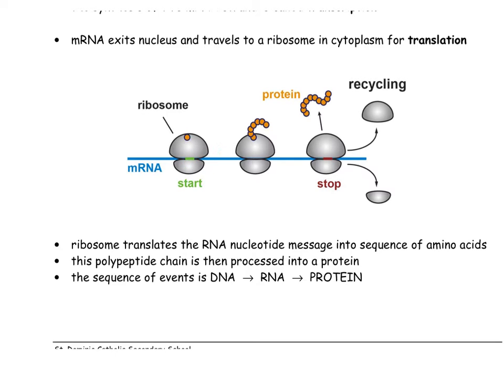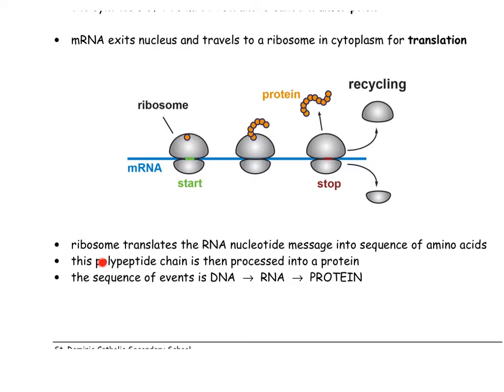So you can sort of think of the ribosome as clamping onto the mRNA and then reading along. It's going to read the code, or translate the code in the mRNA, into the amino acids that are going to eventually form the protein. So that is basically what is happening during translation.